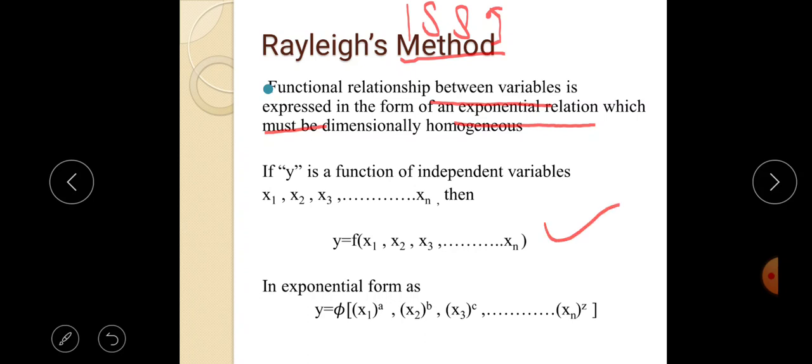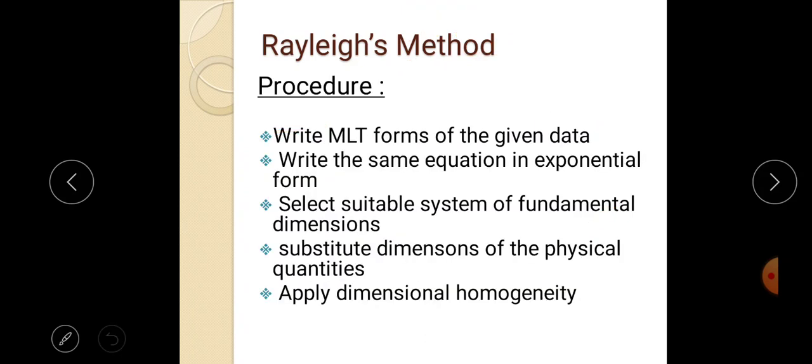Now we can also write these in exponential form, y is equal to phi, where phi is a dimensionless constant, x1 raised to a, x2 raised to b, x3 raised to c and so on xn raised to z. Alright.